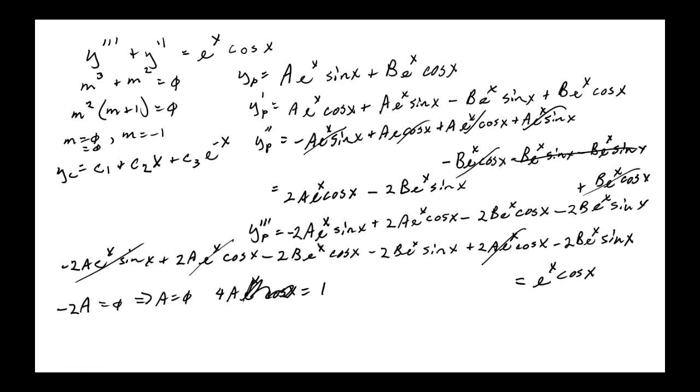Got 2a here and 2a here. Okay, so that's 4a times e to the x cosine x. Now here, your e to the x cosine x is 1 up. So 4a is equal to 1. a is equal to 1/4, I hope.